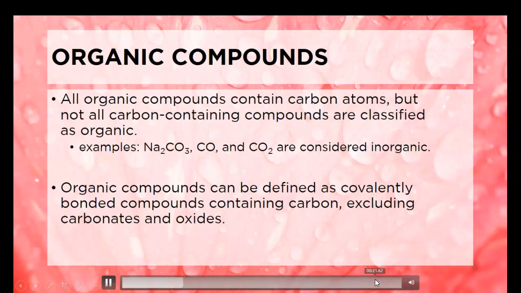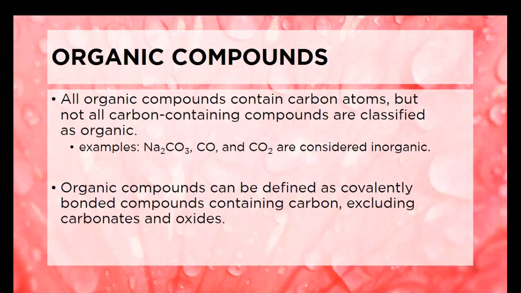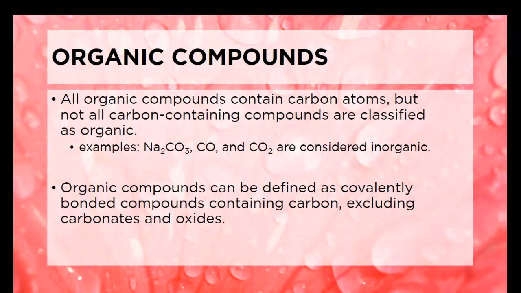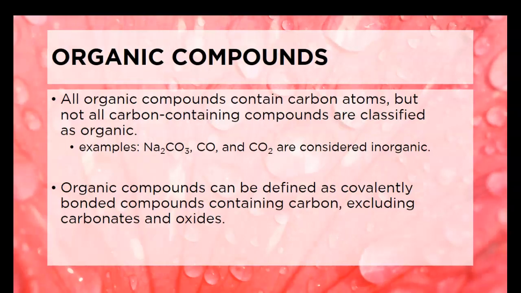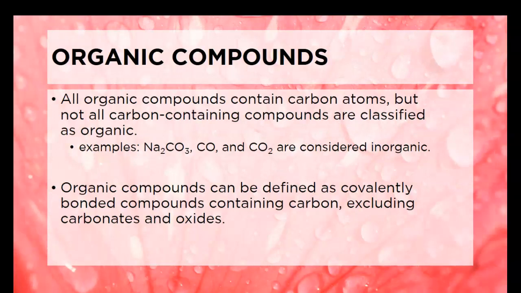Organic compounds, we've learned that they contain carbon, but not necessarily all carbon-containing compounds would be classified as organic. For instance, sodium carbonate, Na2CO3, carbon monoxide, carbon dioxide. We do apply those a lot in inorganic chemistry, and so there are some exceptions.